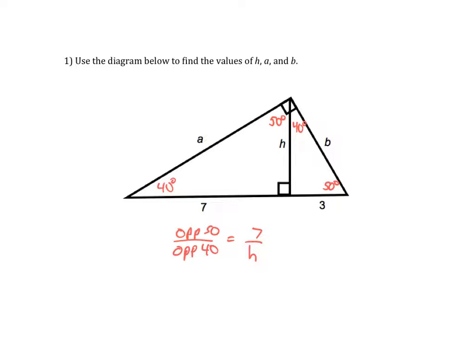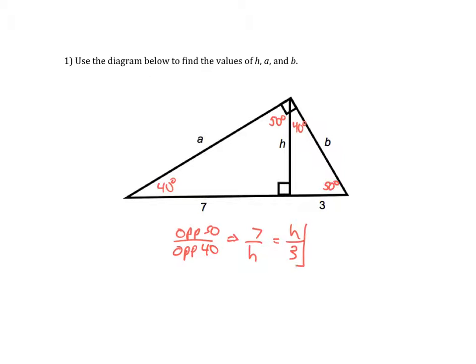Are there any other triangles where I have a side opposite 50 and a side opposite 40 that only involves 7 and h? Well, if you look at the small triangle on the right, the side opposite 50 is h, and the side opposite 40 is 3.